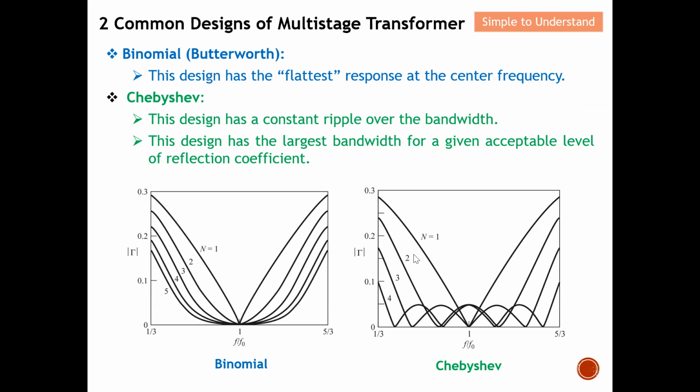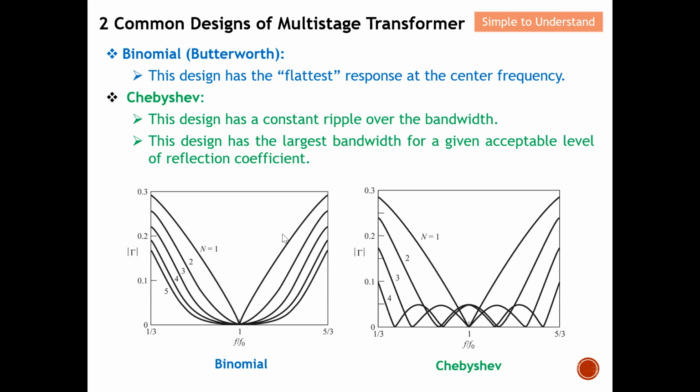When you increase the number of sections of the multi-stage transformer, you can see that for Chebyshev, the bandwidth also increases. But for binomial, you can see that it has only a slight effect in terms of bandwidth. For Chebyshev, the key advantage is that you're going to have the largest bandwidth to accommodate impedance matching.